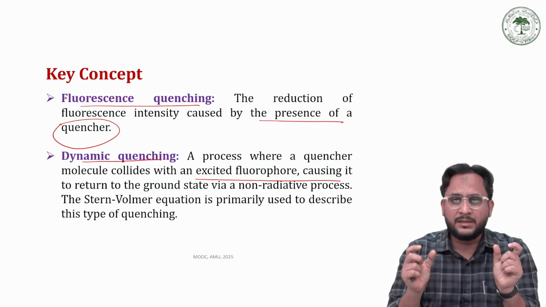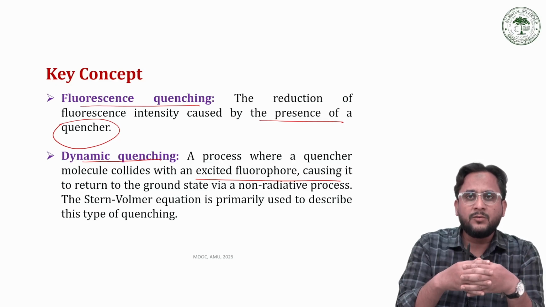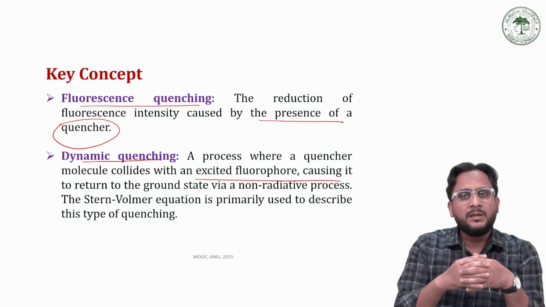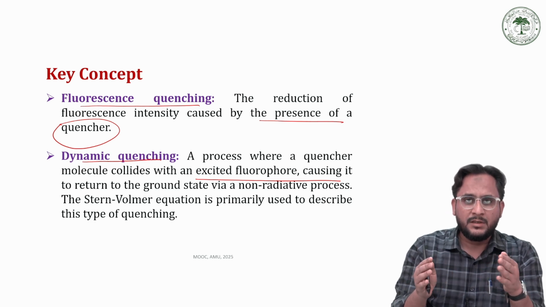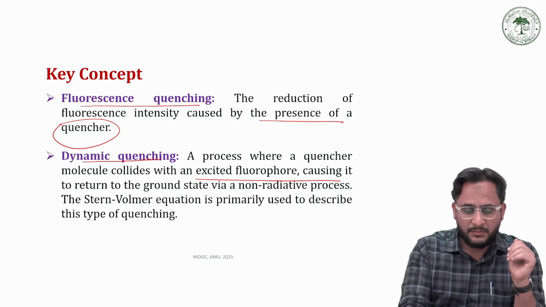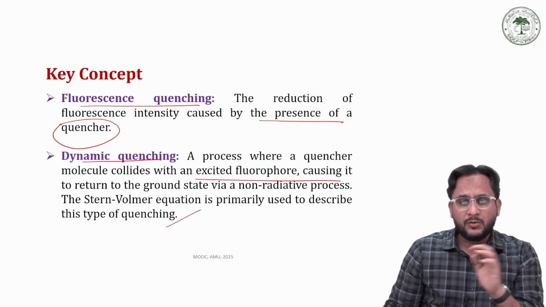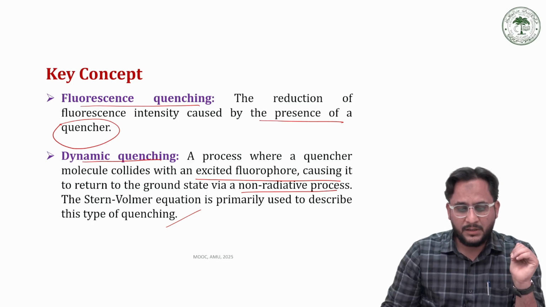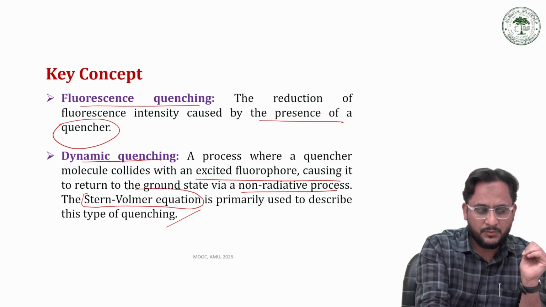In the excited state, the quencher comes and forms a complex, so only in the excited state does the molecule undergo complexation with the quencher, and then the energy is released in the form of non-radiative deactivation. Clear? No visible light is emitted. This is called dynamic quenching. It results in a non-radiative process, and to explain this, the Stern-Volmer equation is mainly used.